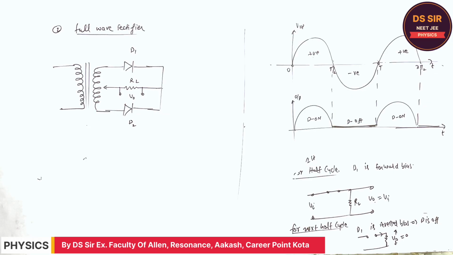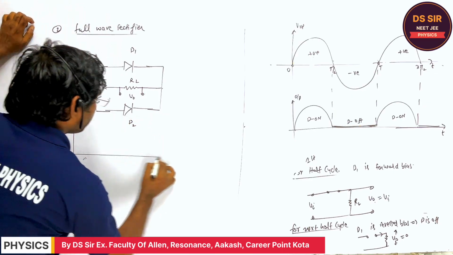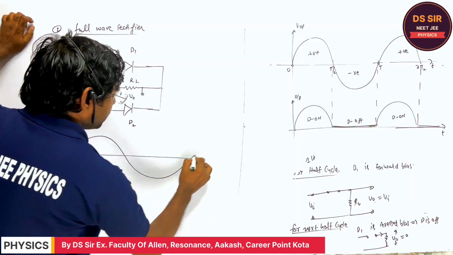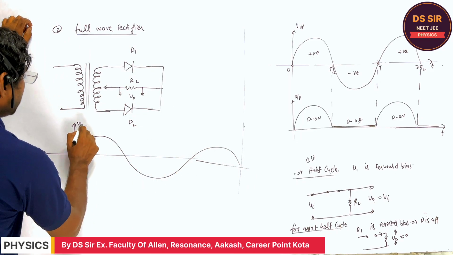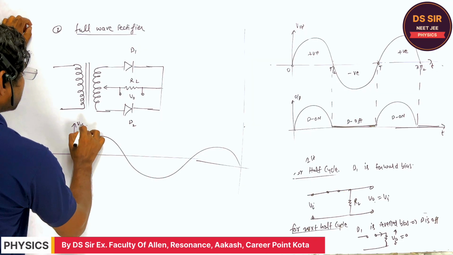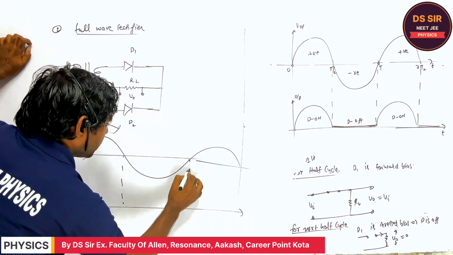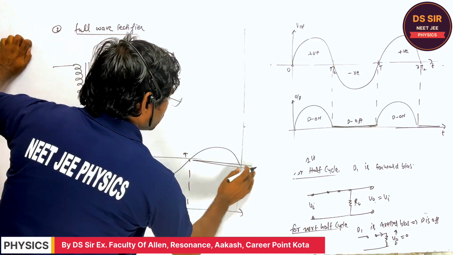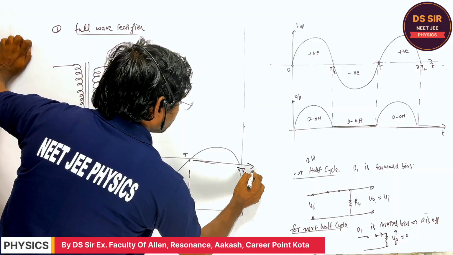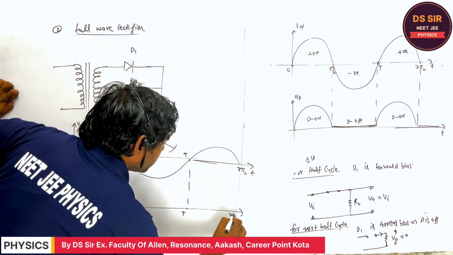So let's see how it works. For the positive half cycle, like this, if this is the input voltage and this is the output voltage, the time axis goes 0 to T/2, to T, to 3T/2.